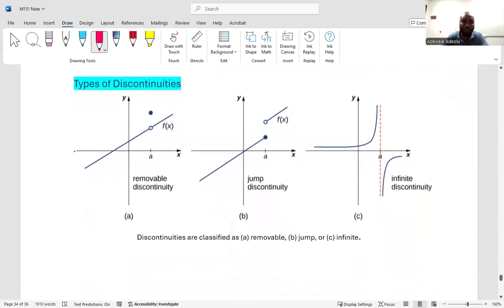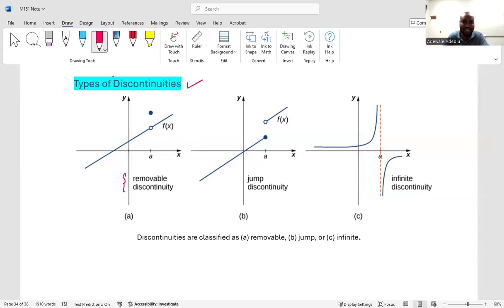Now let us look at types of discontinuities. We have discussed continuity, and we have talked about when functions are not continuous. So let us talk about the types of discontinuities that we have. The first one is removable discontinuity.